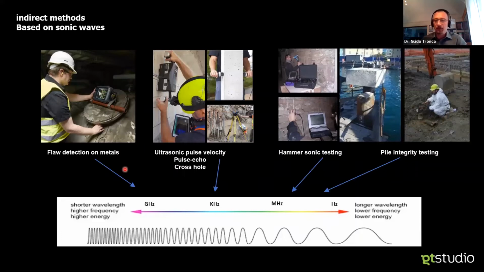It can be very high frequency, or this average frequency that is our bread and butter in concrete when we measure ultrasonic pulse velocity, cross-hole testing, PROCEQ, and whatever. A similar approach, but at low frequency, brings us toward the so-called hammer sonic testing, typically done on masonry or large structures, or pile integrity testing.